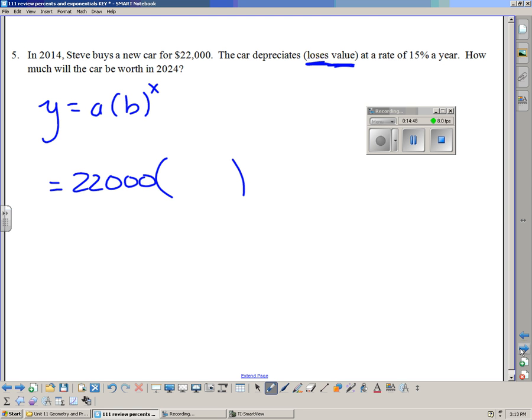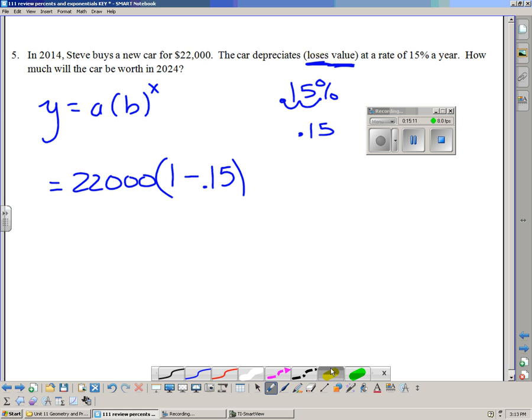But now, instead of 1 plus the rate, because we're losing value, we have to do 1 minus 15% as a decimal, in which I move the decimal place over twice, I get 0.15. That goes right here. And now x is the time. So how much time has gone by?